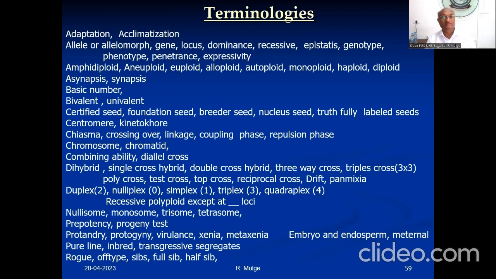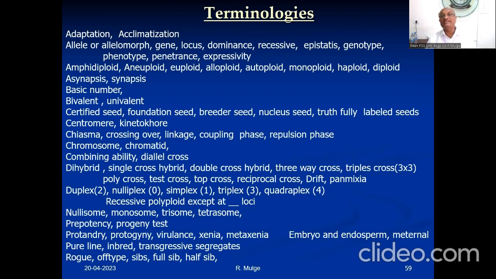Allopolyploid. Now you are referring to two or more different species from which the sets of chromosomes are derived.